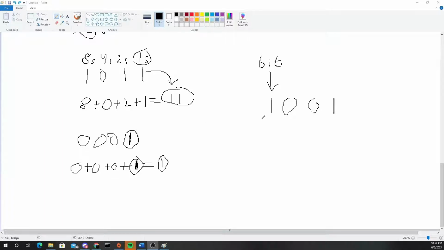Now in binary and computer science, we have names for certain groups of numbers of bits. So for example, how we talked about a single digit in binary is called a bit. A group of 4 bits is called a nibble.